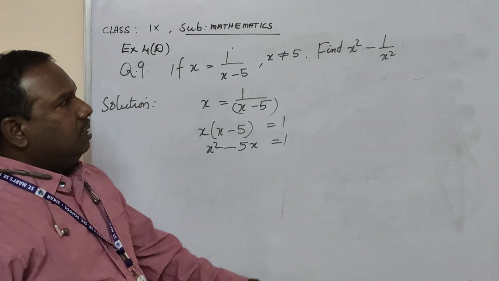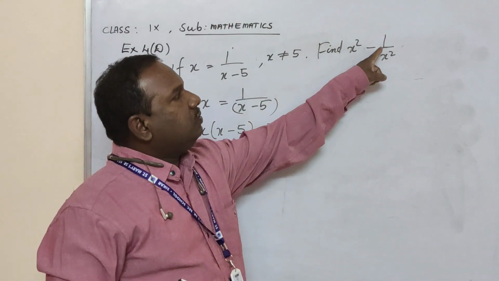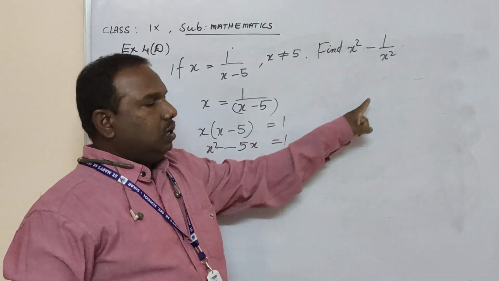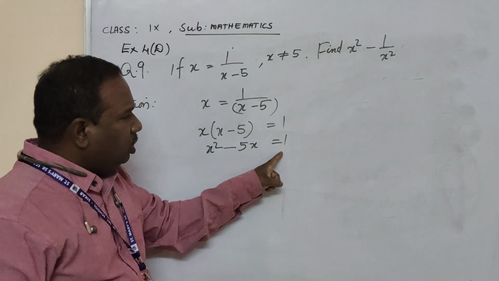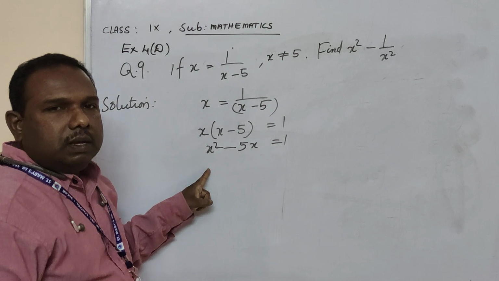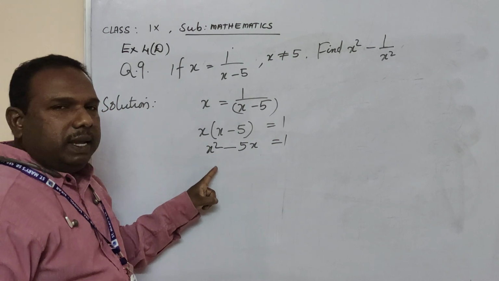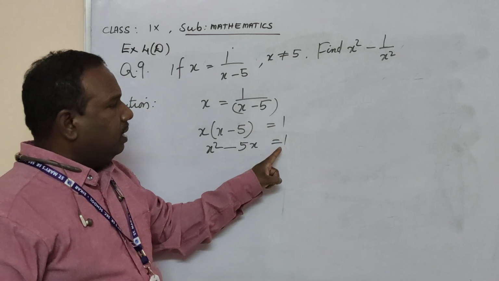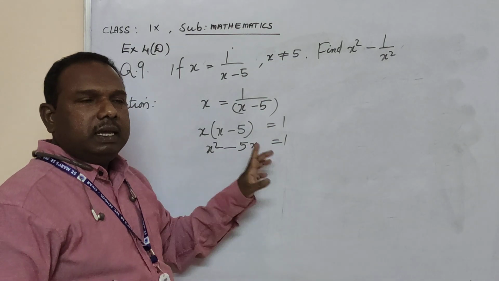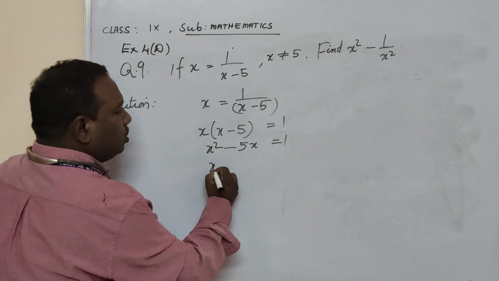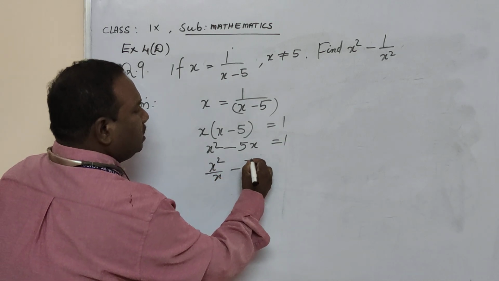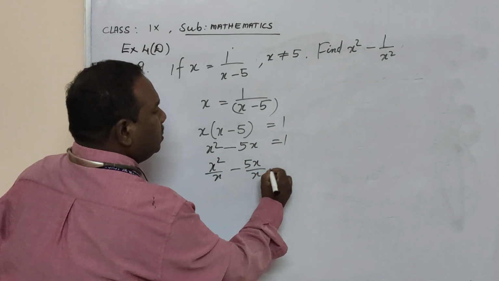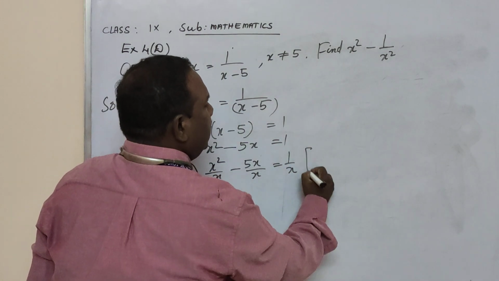Now we need the value of x square minus 1 by x square. So let's divide each of these three terms by x. X square by x, minus 5x by x, is equal to 1 by x.